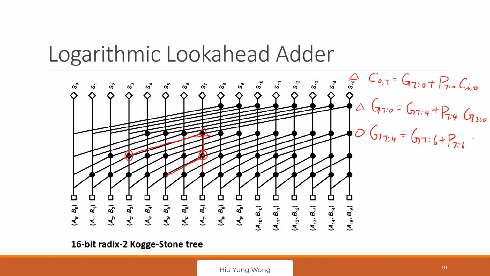Okay. And similarly, this one will be G5 to 4. So what does it say? 7 to 4, this whole group generates either 7 to 6 generate or 5 to 4 generate, but 7 to 4 propagate. So you keep breaking down the tree and the number of hierarchy levels will be logarithmic, because you keep dividing by 2.